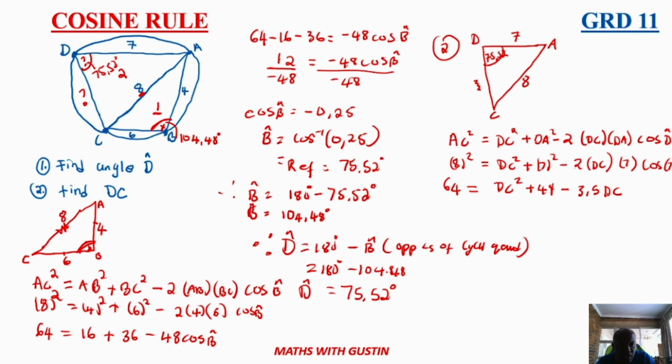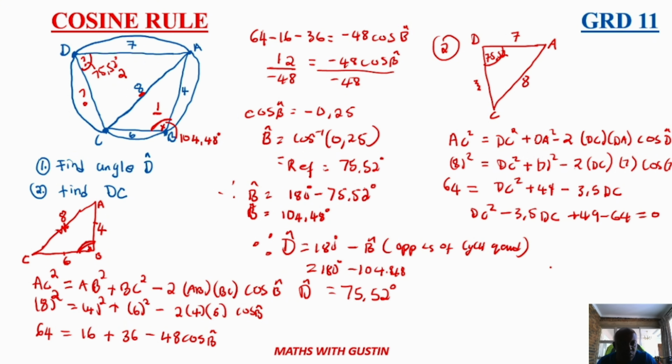Okay, now we group like terms together. If you have a look at this one, we're going to take 64 to that side, which is going to give us DC squared minus 3.5 DC, equal to 49 rather, minus 64, is equal to 0.